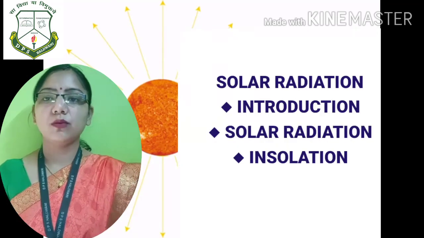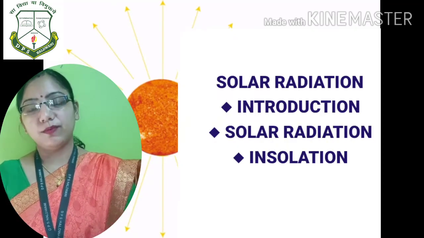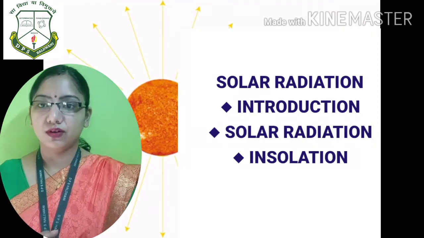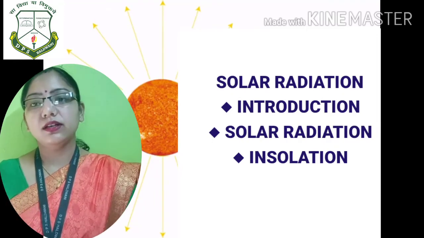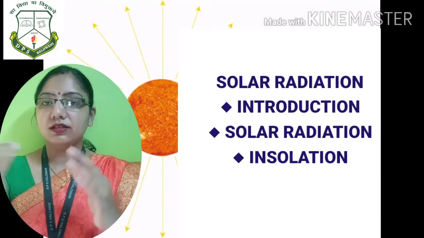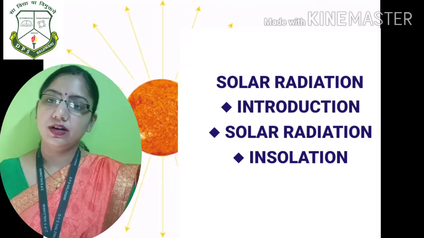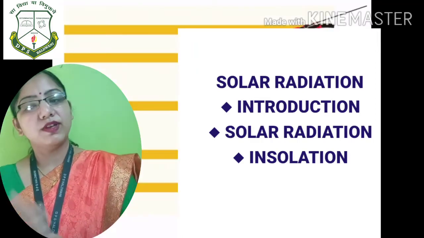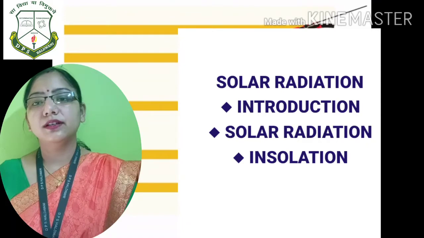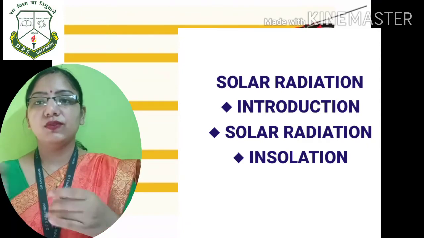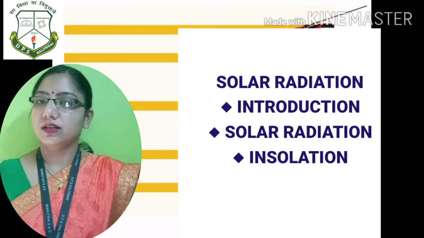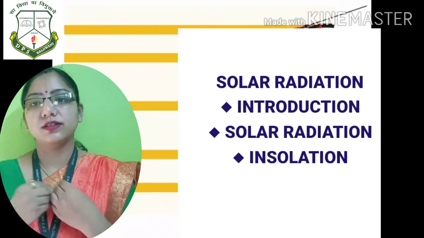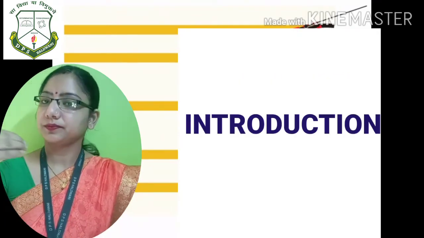In this topic today we will see a few subtopics: the introduction of the chapter, in which we will see what solar radiation is; then the definition and theory behind solar radiation; and in the third, the variability of insolation at the earth surface, in which we will see how the insolation process affects our earth surface and what kind of energy is released through that activity.